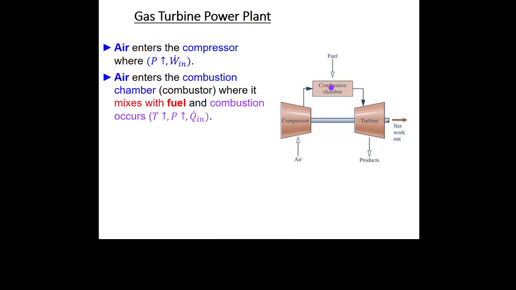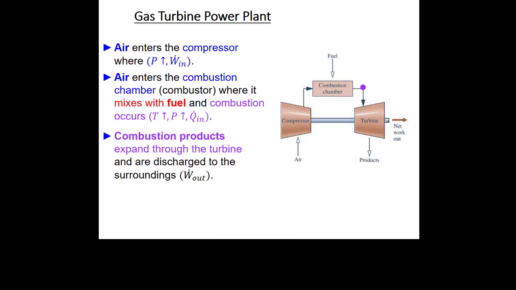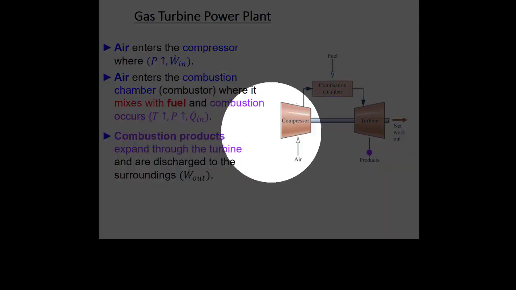So we think of this process as adding heat into the system. And then we go through this turbine. So now we have the spent air-fuel mixture, and it goes through the turbine because it's expanding because the temperature got higher, so it wants to expand. We expand it over some fan blades, and that turns this shaft.